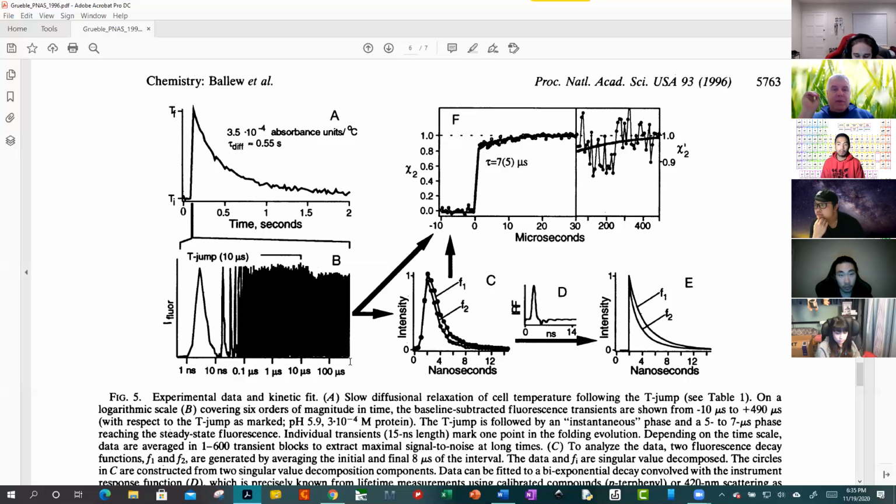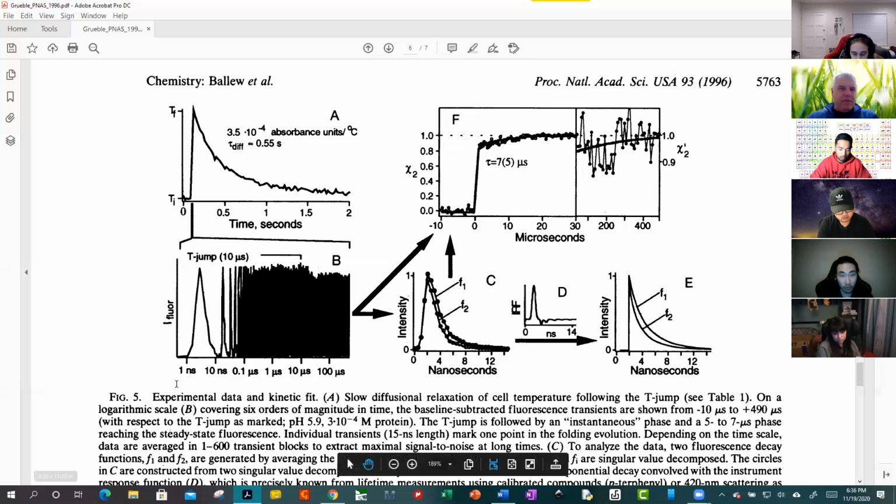And those transients have to be light enough, like not intense enough. They have to have a low enough intensity that they don't damage the sample, they don't heat the sample, they don't do any UV photochemistry. And you just have to get that little bit of fluorescence to come out, right?